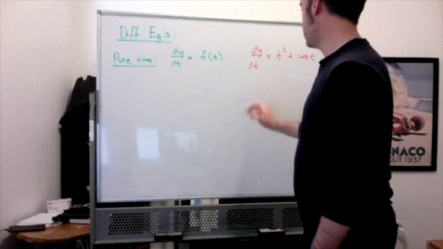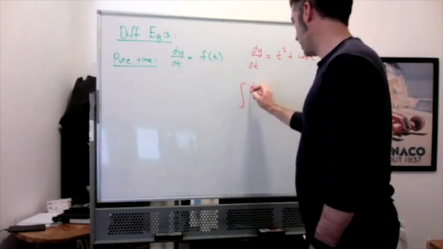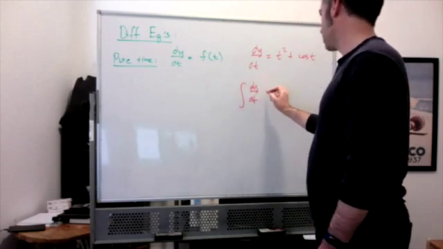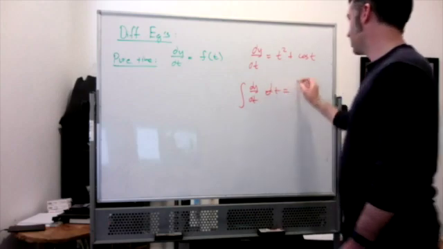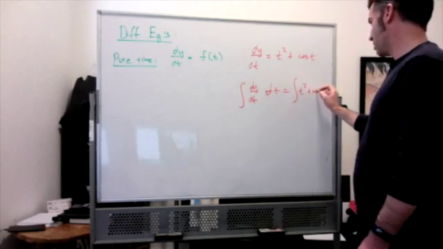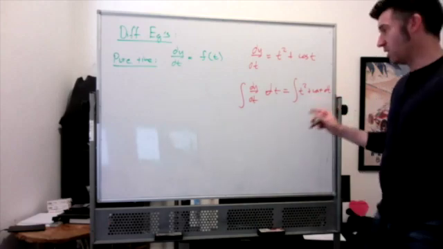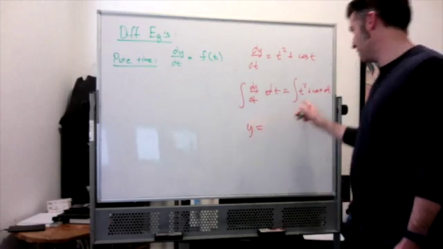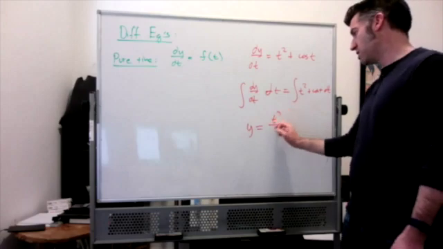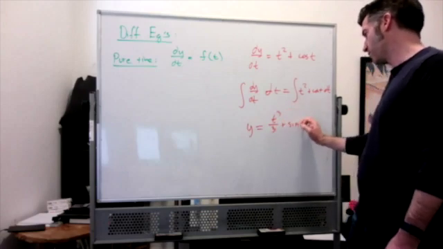You do the integral of dy/dt dt equal to the integral of t squared plus cosine t dt. And as long as this can be integrated, you just get y equal to the antiderivative, which is t cubed over 3 plus sine of t.